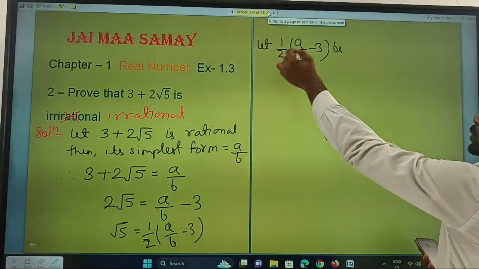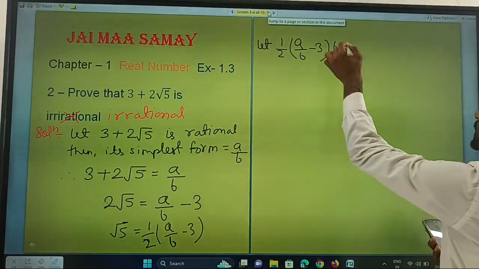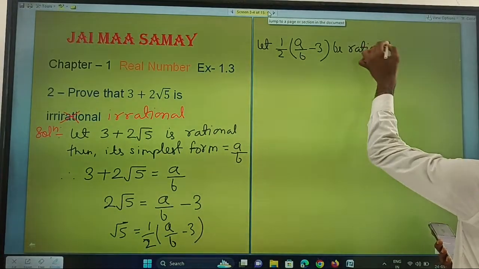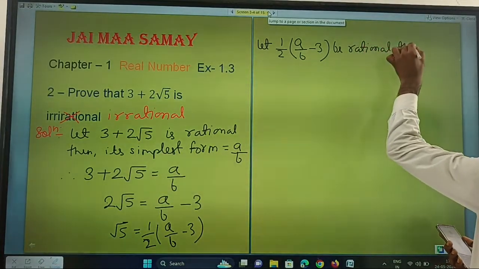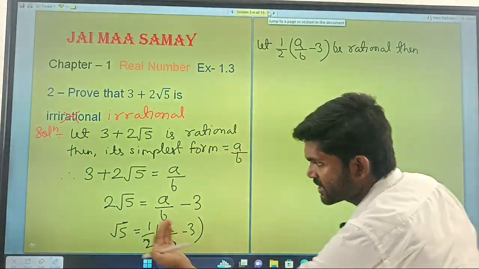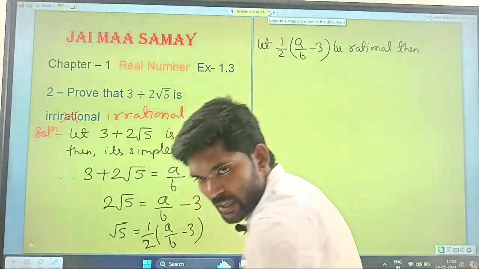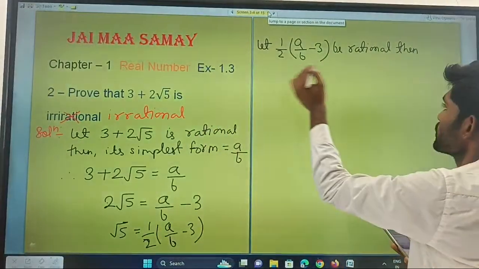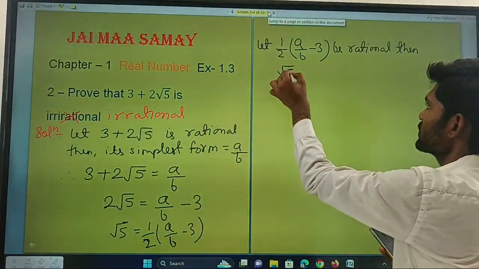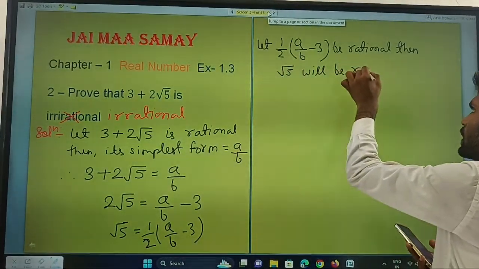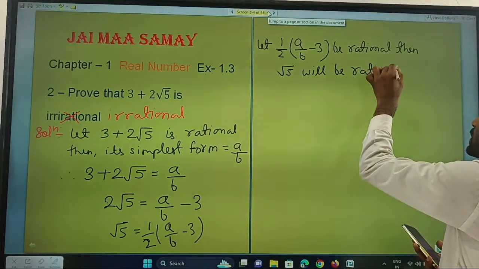Let 1 upon 2 bracket a upon b minus 3 be rational. If the right side is rational, then the left side is also rational. Then under root 5 will be rational. Clear?